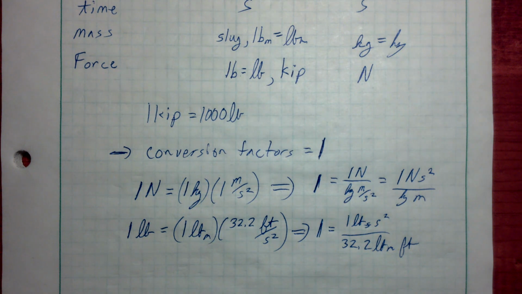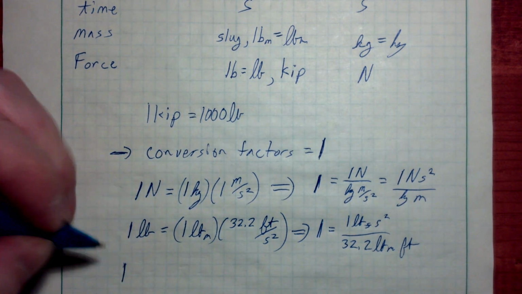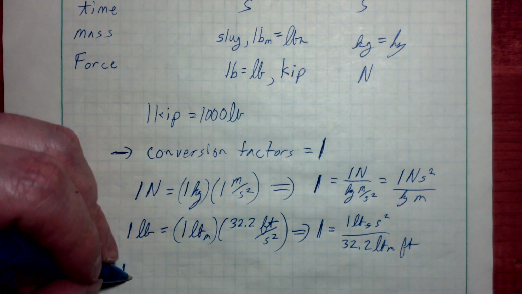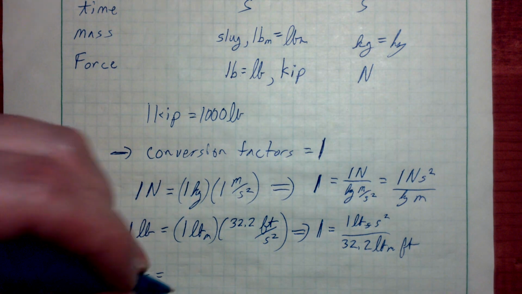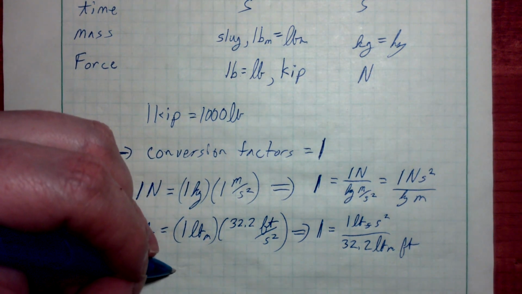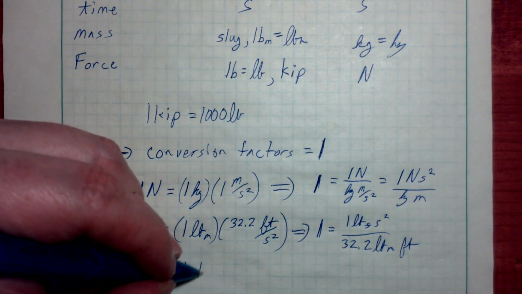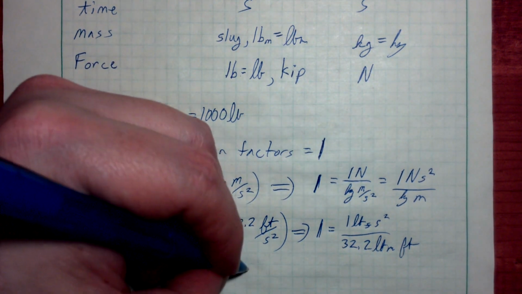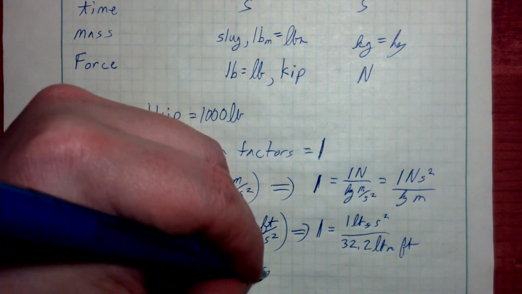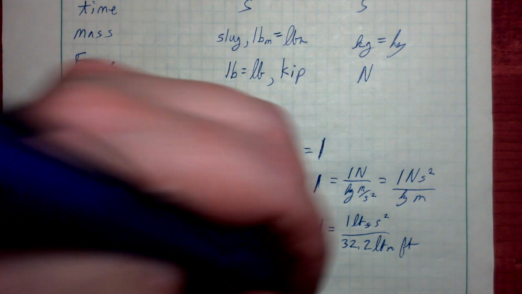As I mentioned earlier, you probably, in a statics text, won't use the pound mass. There's a good chance you're going to use the slug. So 1 pound is also the amount of force required to accelerate 1 slug at a rate of 1 foot per second squared. The slug is the 1-to-1 unit of mass.